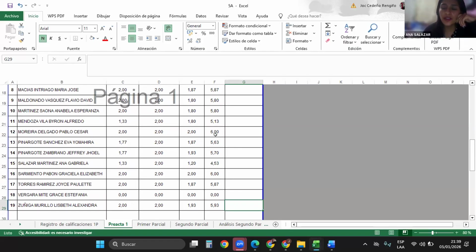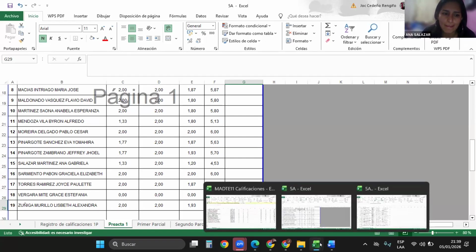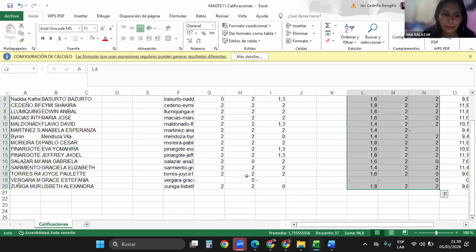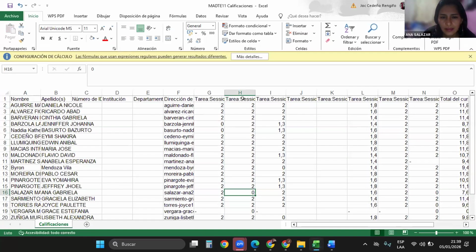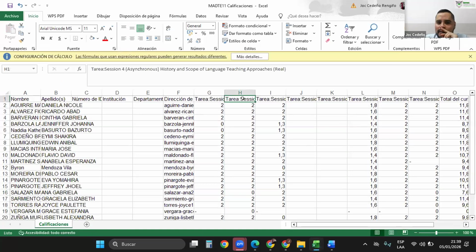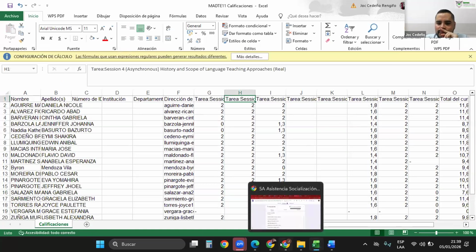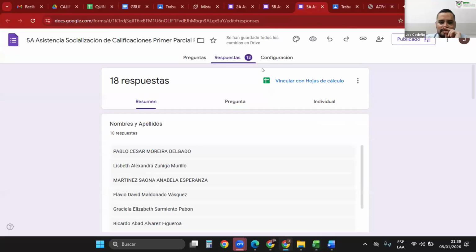Sí, Listen, es que yo tengo un espacio en blanco, pero yo le he presentado todo, no sé por qué ahí tengo un cero. La tarea se llama sesión 4. Puede verificar en su plataforma.